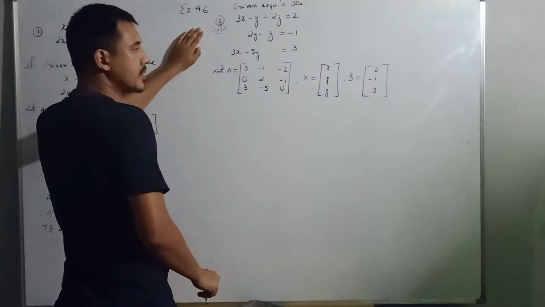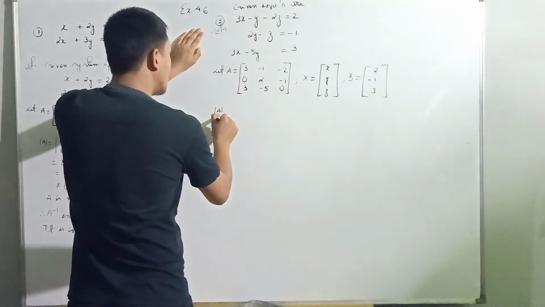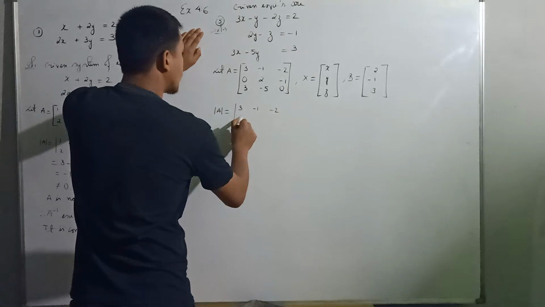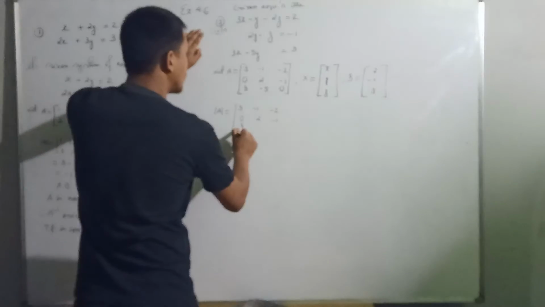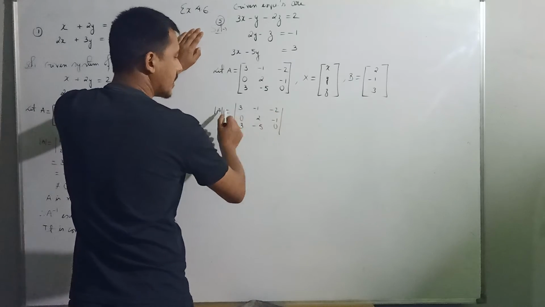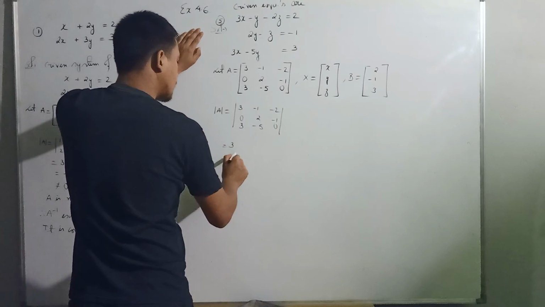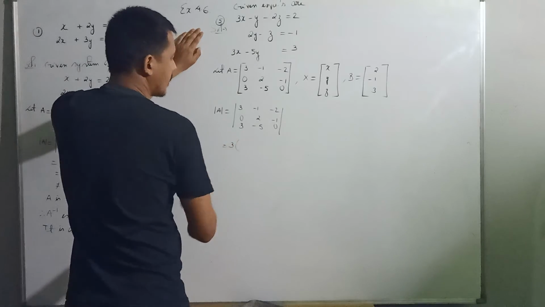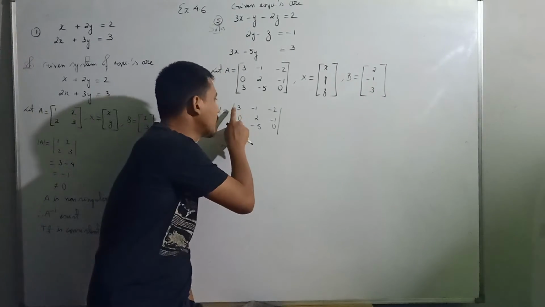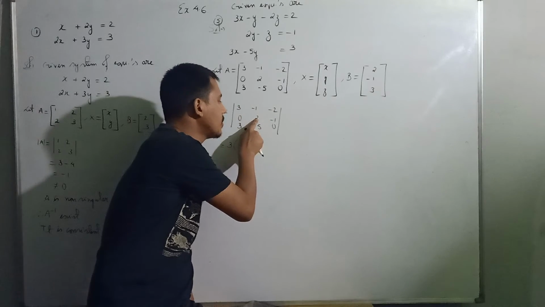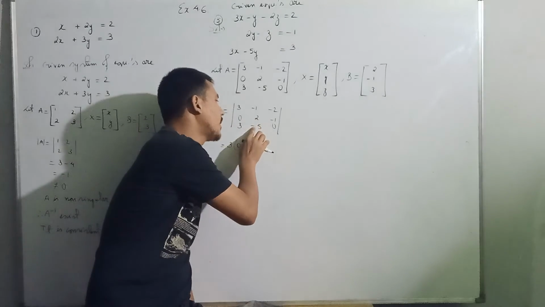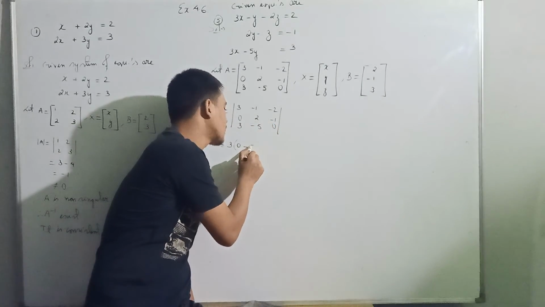Let's check what is the determinant of A. Determinant of A means determinant of 3, minus 1, minus 2, 0, 2, minus 1, 3, minus 5, 0. Let us expand along R1. So 3 times, 2 times 0 is 0, minus 5 times minus 1 is 5.